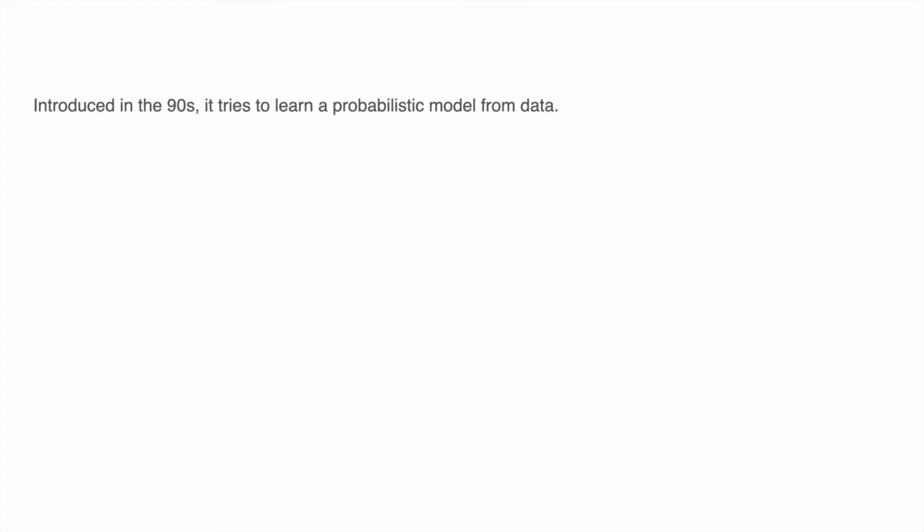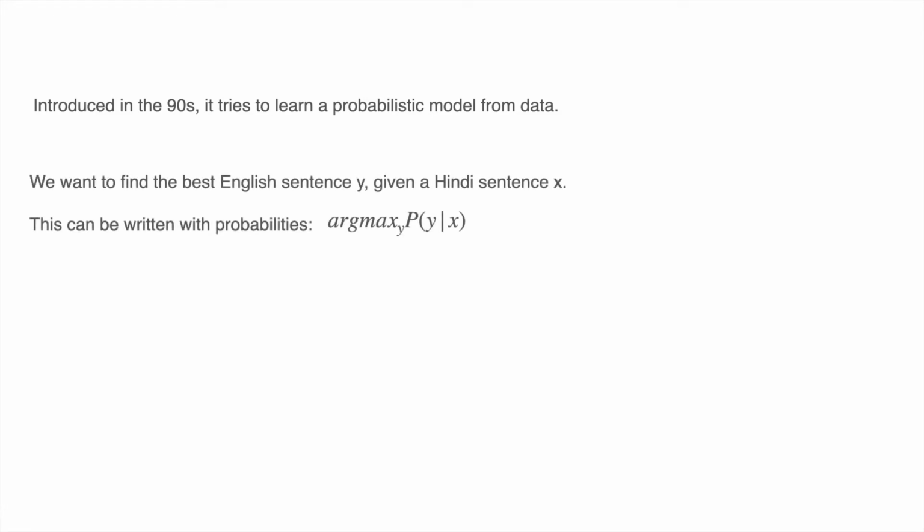Introduced in the 1990s, it tries to learn a probabilistic model from the data. Basically, we want to find the best English sentence Y given, Hindi as an example, sentence X. This can be written with the probabilities as probability of Y given X. Here Y can be any target sentence, X can be any source sentence.